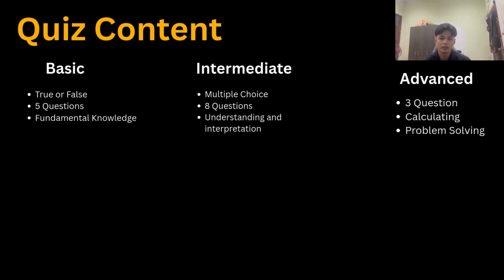Finally, the advanced level had scenario questions where participants calculated debt to equity ratio, home equity, and identified credit type. By starting from basic to advanced, we made the quiz more engaging and helped everyone build up their knowledge step by step.